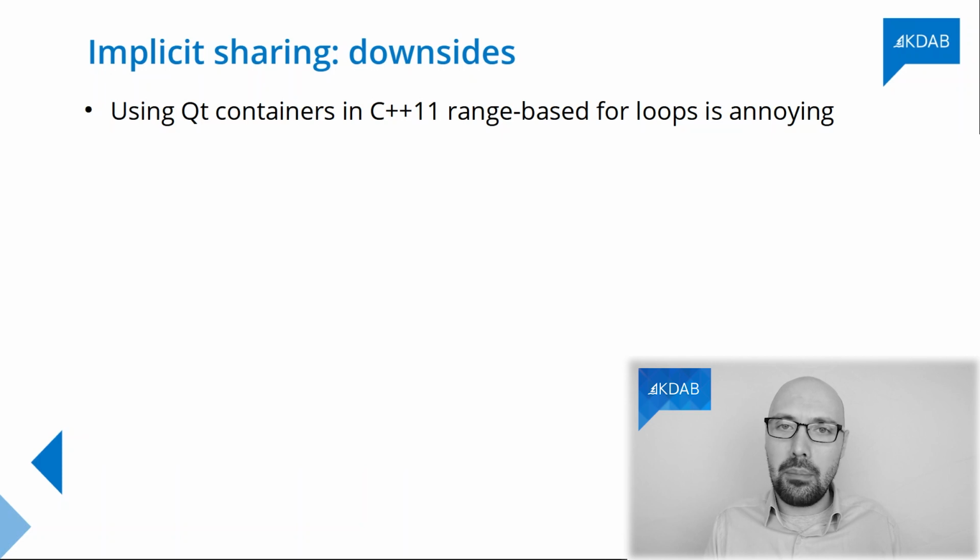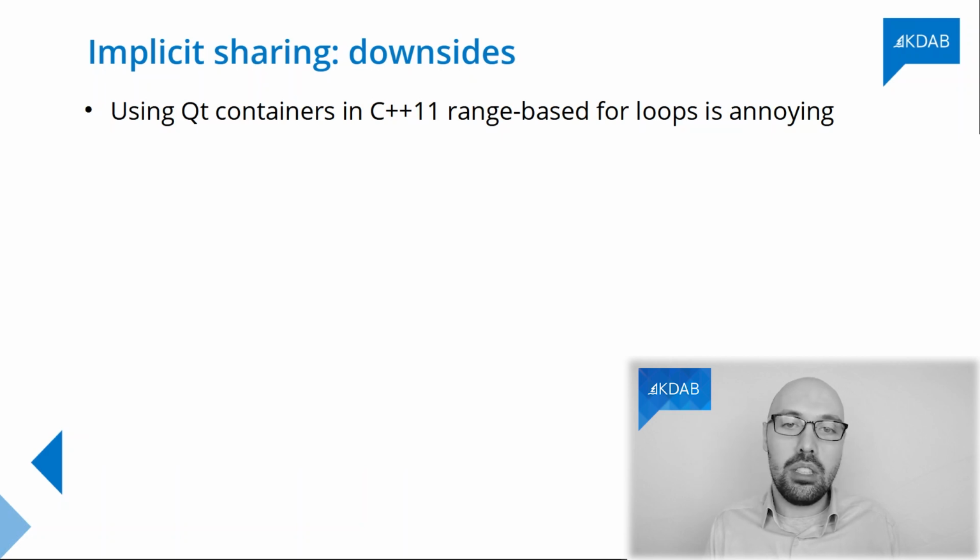So what is that about? That's actually a bit tricky to explain, so I'm going to dedicate an entire video to that specific issue. But yes, it's kind of annoying that sometimes you have to deploy a little workaround when you want to just iterate over a Qt container.